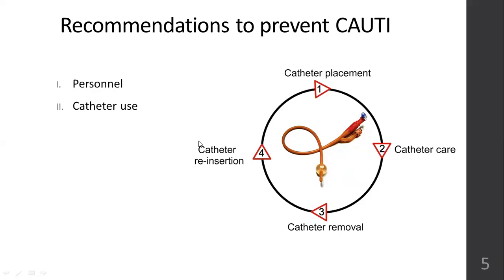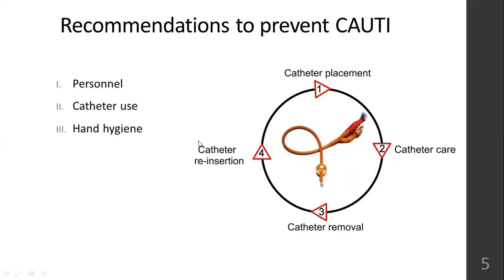Catheter use also matters: how frequently the catheter is being changed, whether it is kept in one position for a very long time, and whether meatal care or urethral care is given to the patient.